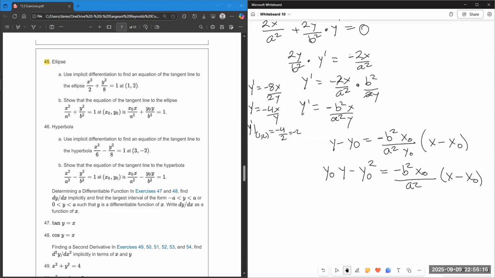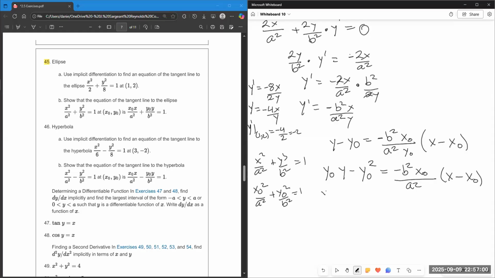I'm trying to get something helpful for seeing the original equation of x squared over a squared plus y squared over b squared equal to 1. So I'm trying to get x naught squared over a squared plus y naught squared over b squared into my formula so that I can replace it with 1. That's my goal. So I want y naught squared to be divided by b squared.